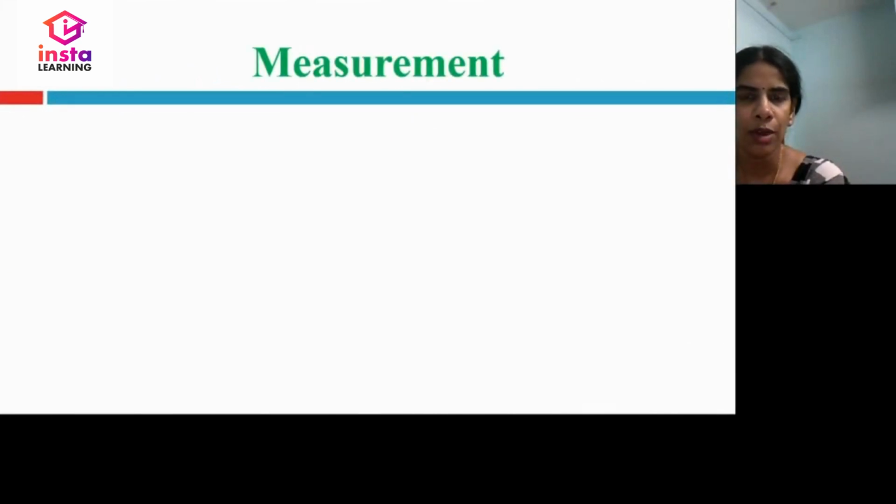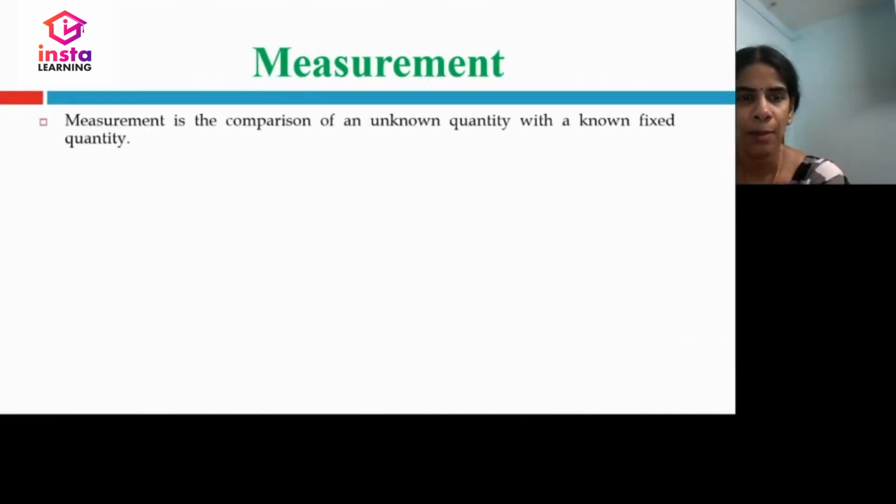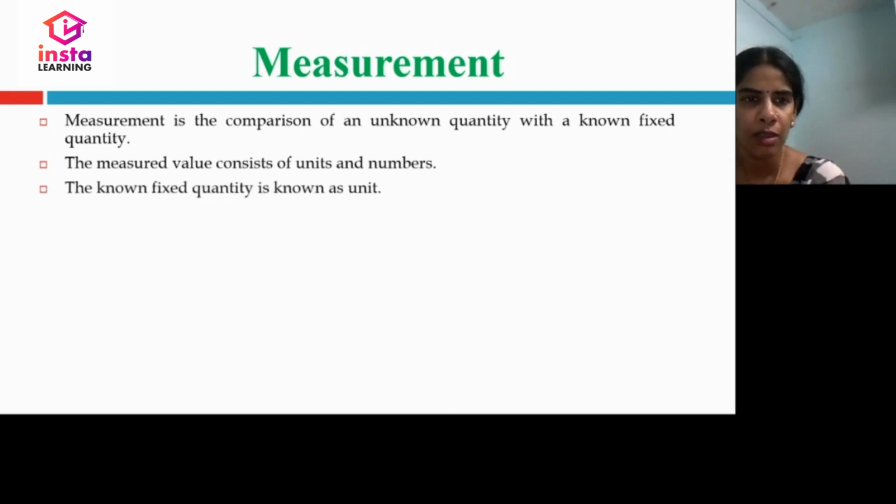Let us learn about measurement. Measurement is nothing but a comparison of an unknown quantity with a known fixed quantity. The measured value consists of units and numbers. The known fixed quantity is known as the unit. The number tells how many units the object measures.